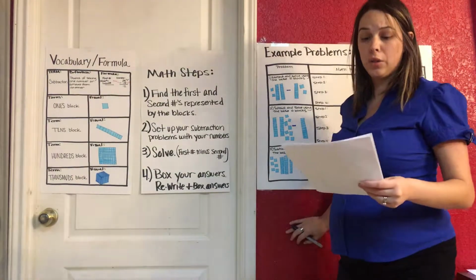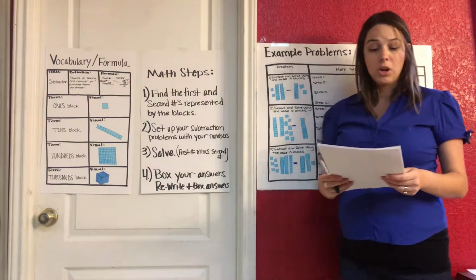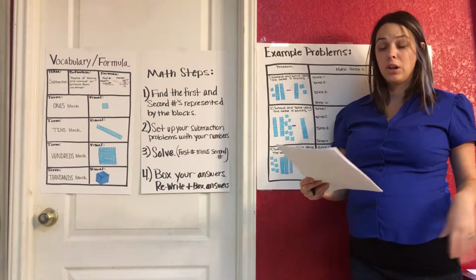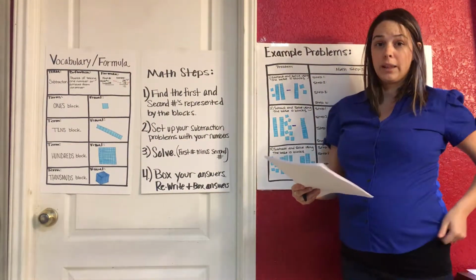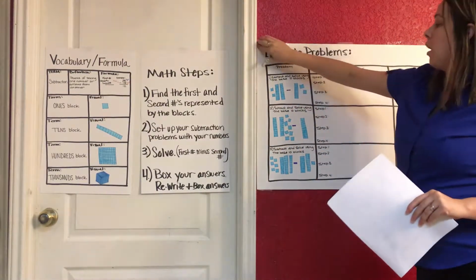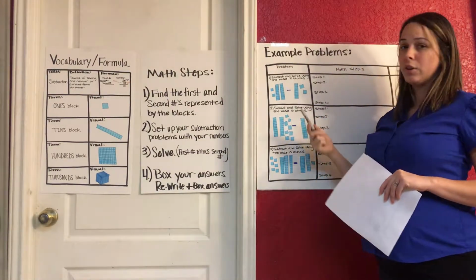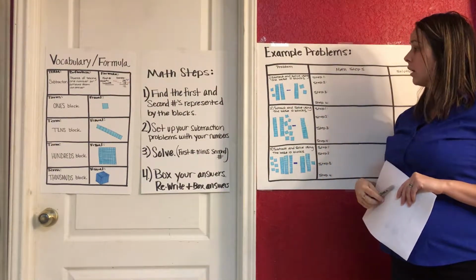I'm going to work 3 examples on the board using the math steps. Let me know by raising your hand if you have any questions along the way. Example problem number 1 says subtract and solve using base 10 blocks.